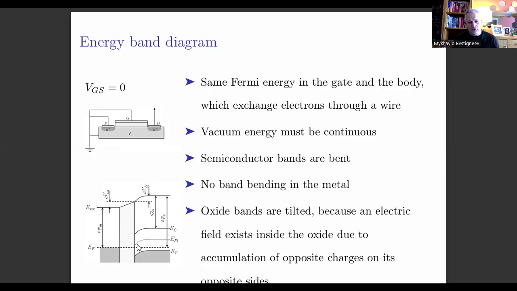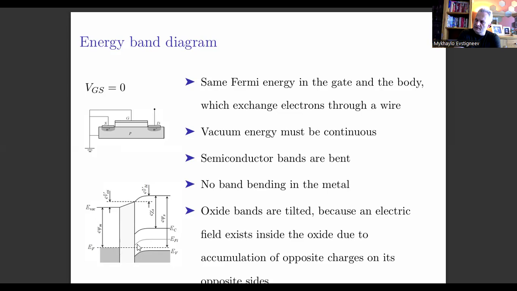Plus, during the technological process of making the MOSFET device, the interface between the semiconductor and the oxide contains a small number of trapped positive charges, ions.